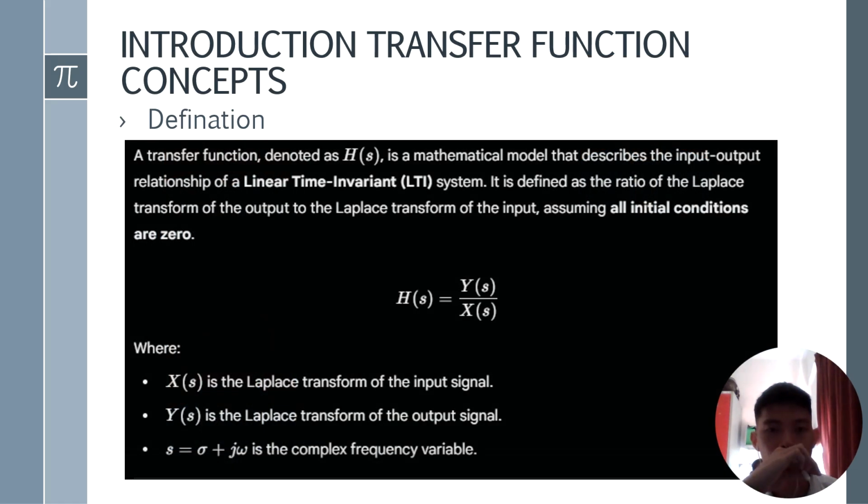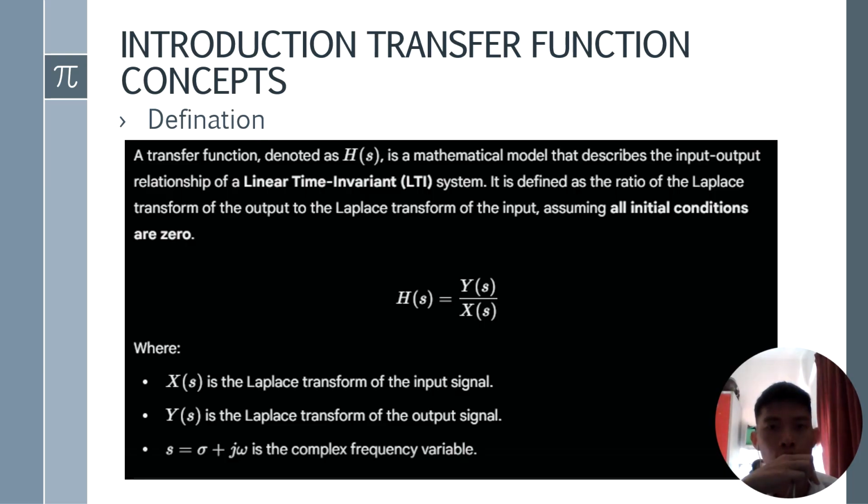Introduction to the transfer function concept. A transfer function, denoted as H(s), is a mathematical model that describes the input-output relationship of a linear time-invariant system. It is defined as the ratio of the Laplace transform of the output to the Laplace transform of the input.